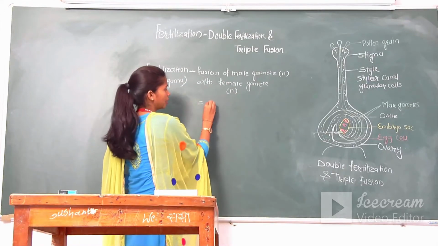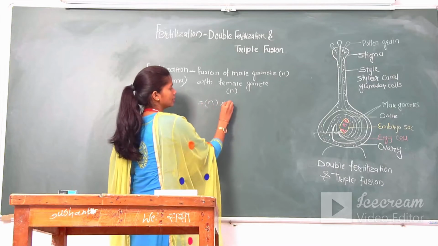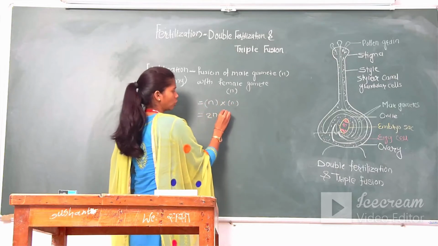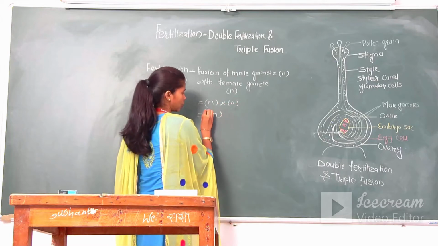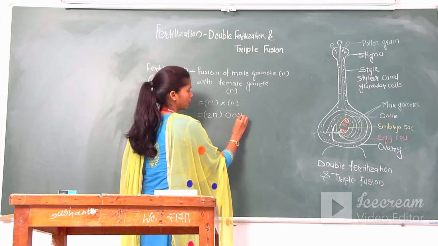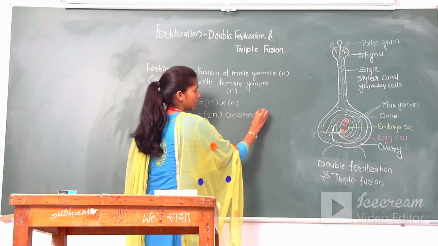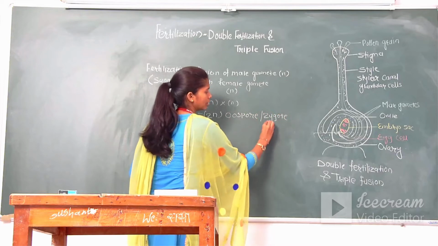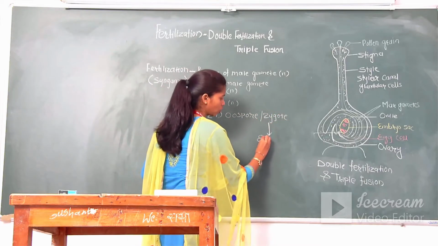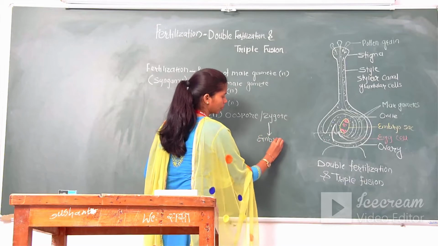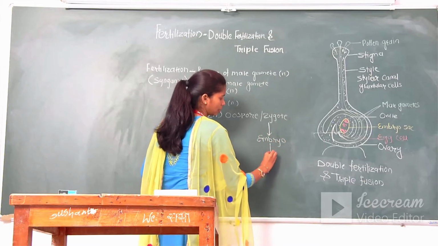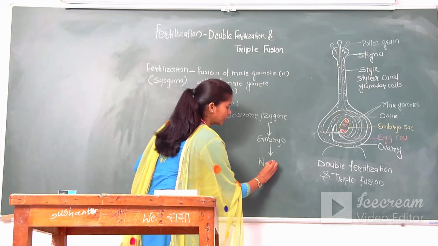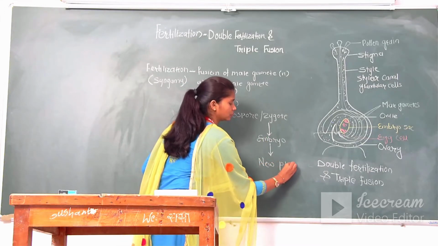When this male and female gamete fuse, they will form oospore, that is zygote. And this zygote will result in the embryo, and in further development this embryo will get converted into a new plant.